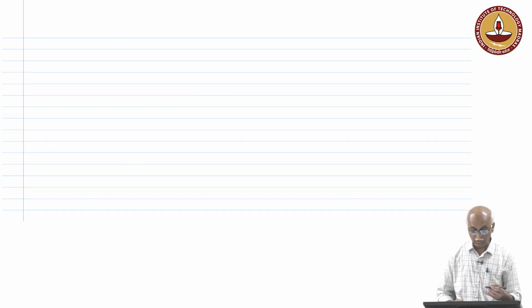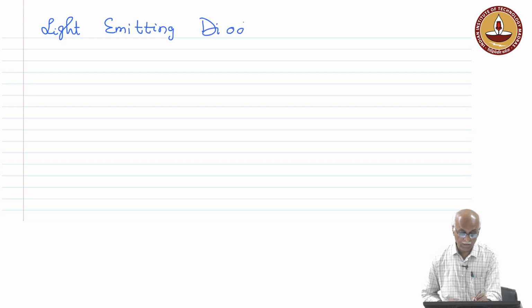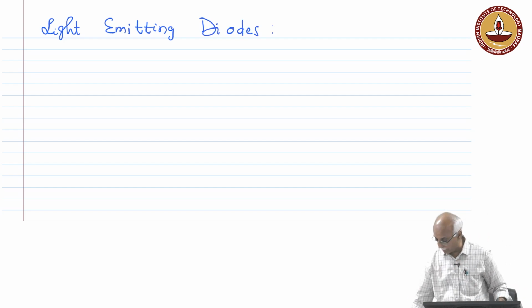The other way is we can use light emitting diodes, which are semiconductor based devices for generating optical light of different wavelengths.